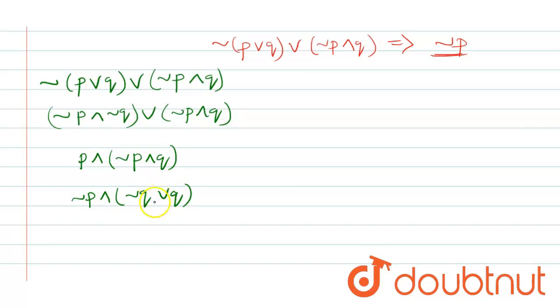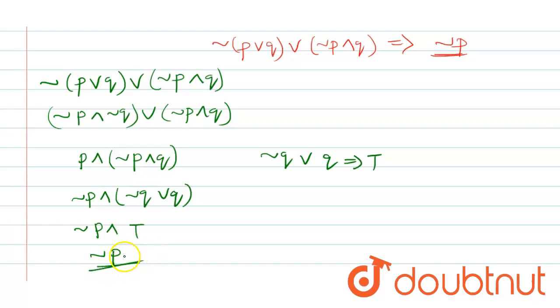Negation of Q or Q is equal to true here. When you take it as false, true means we get true here. So the next step is negation of P and true. So the final answer is negation of P.